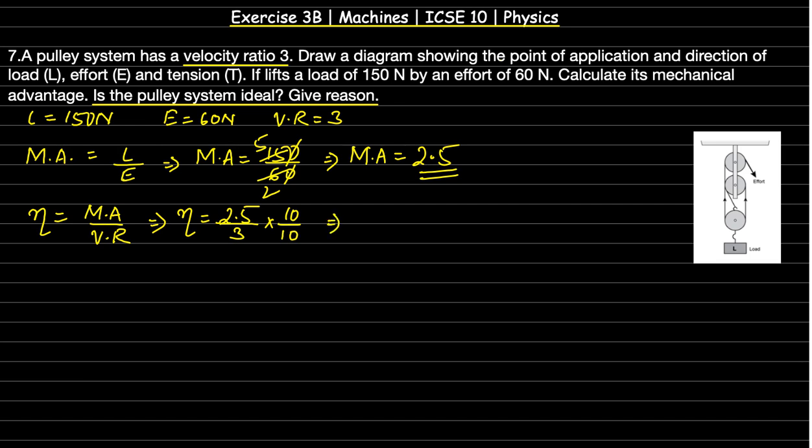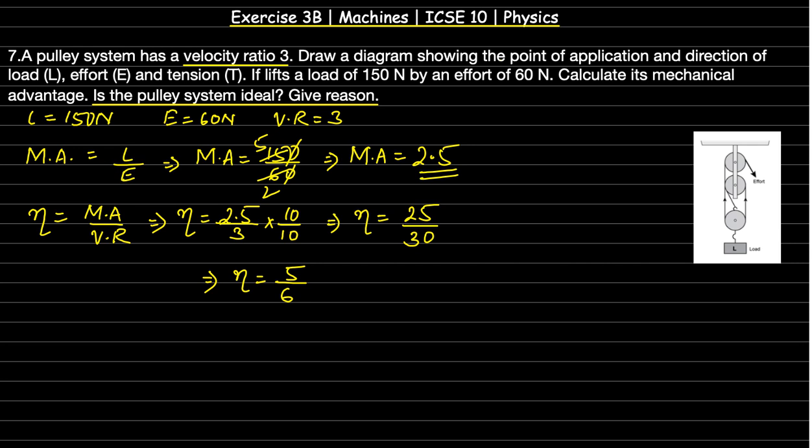So efficiency is equal to 25 divided by 3 into 10 is 30. So we get the value of efficiency as 5 by 6.